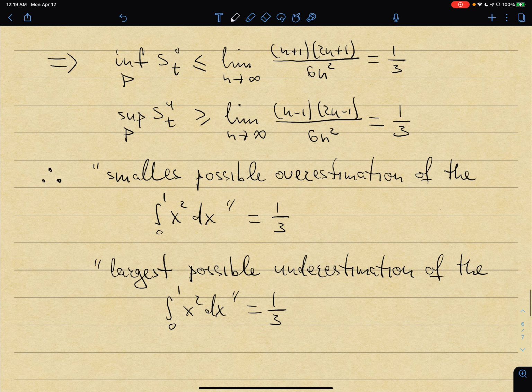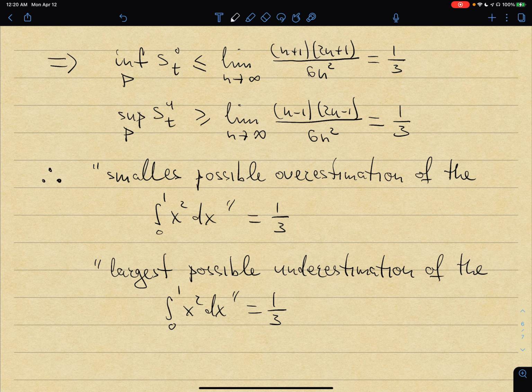But what does this tell you? I'm taking overestimations of the integral from 0 to 1 of x squared dx. I'm considering all possible overestimations like that. I take the infimum, and I see that the smallest overestimation is 1/3.